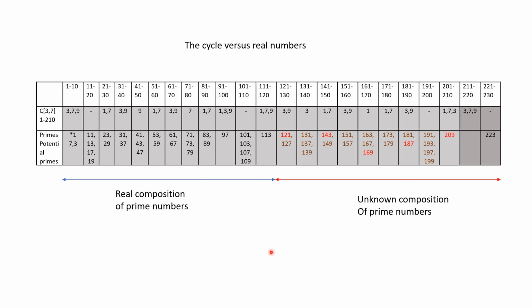Or if you have the cycle of 3, 7, and 11, then you will be able to know the prime numbers until the square of the next prime number, that will be 13, right? That will be 13 squared equals 169.